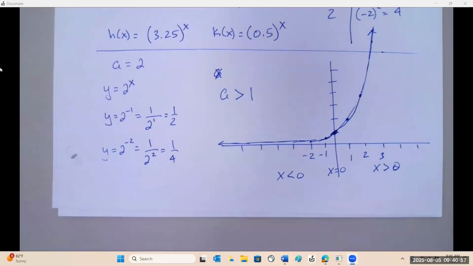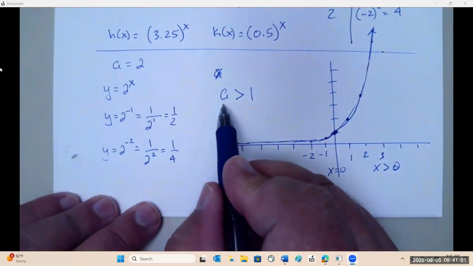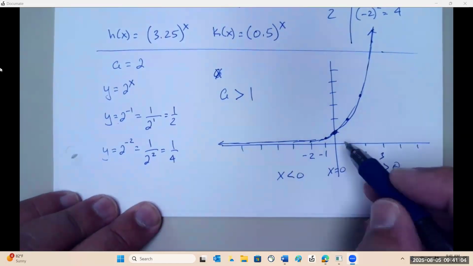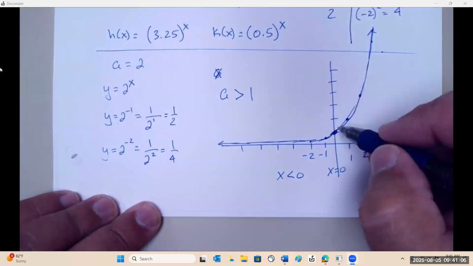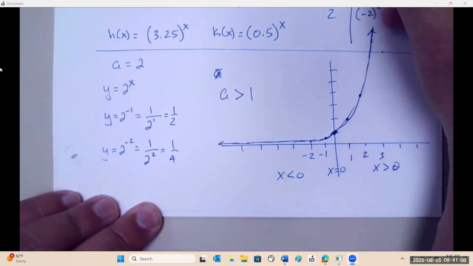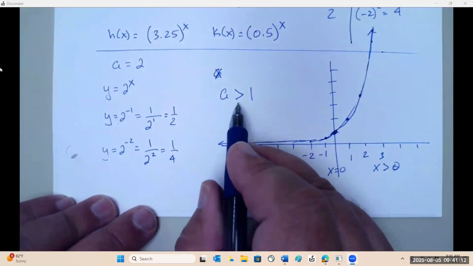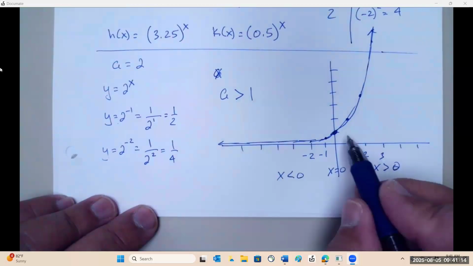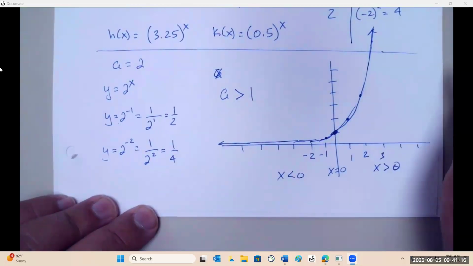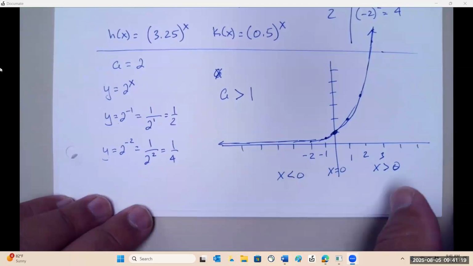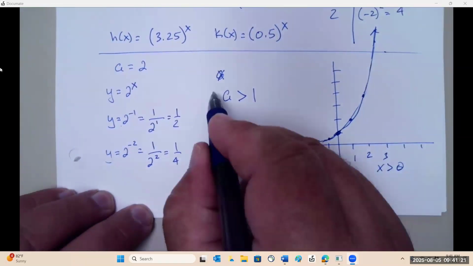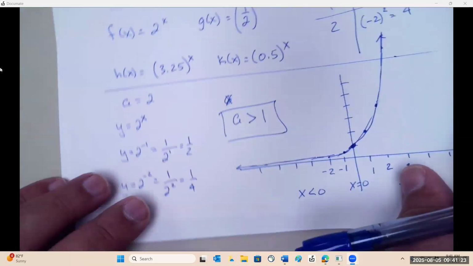The only thing different is that the bigger a is, if a is 10, it'll grow much faster. It'll go from 1 to 10 to 100. And the smaller a is, if it's 1.1, 1.2, it'll be very shallow. All right. So that's when a is greater than 1. What happens now when a is between 0 and 1?